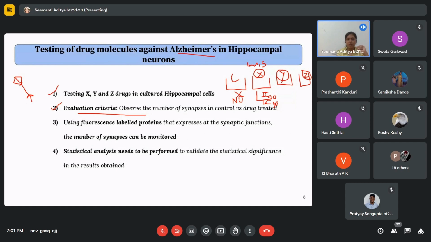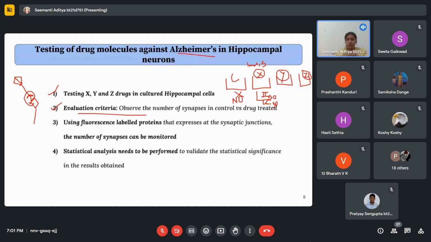So this is one hippocampal neuron, and suppose this is another. If the cells are dying, then this junction will become less, because there will be fewer neurons to form that synapse. So if the drug is working, then the synapses should be higher in those drug treated cells.